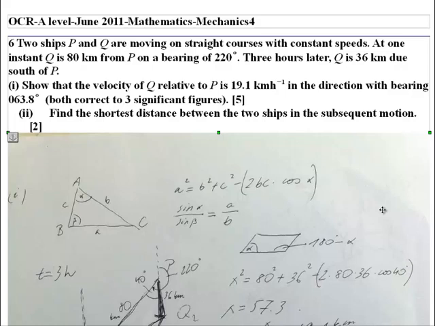Two ships P and Q are moving on straight courses with constant speeds.